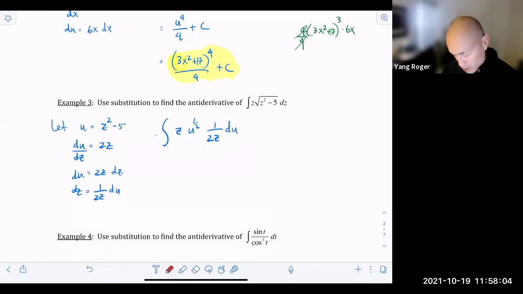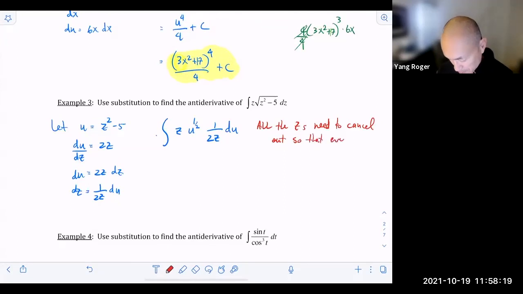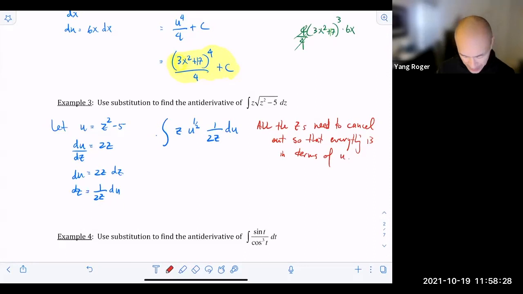Now, it's really important for me to mention that all the z's need to cancel out so that everything is in terms of u. In this case, that does happen.